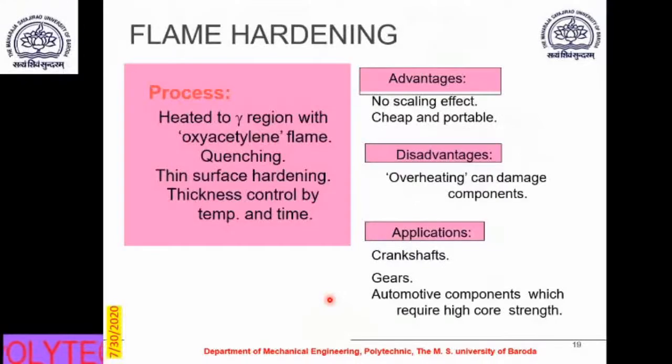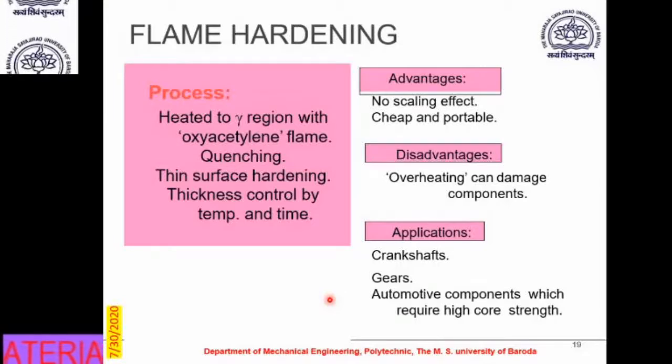We have the next process, that is flame hardening. It is heated to the gamma region, that is the austenite region. That means the temperature is around 700 to 900 degrees centigrade, although it is not controllable, using an oxyacetylene flame, and then immediate quenching. A thin surface hardening takes place.